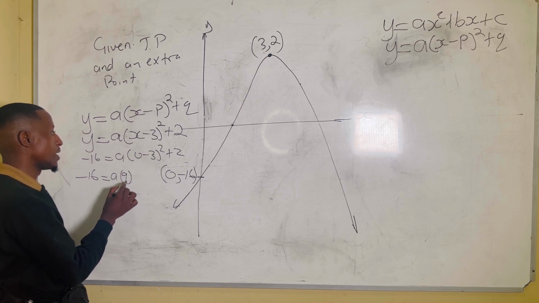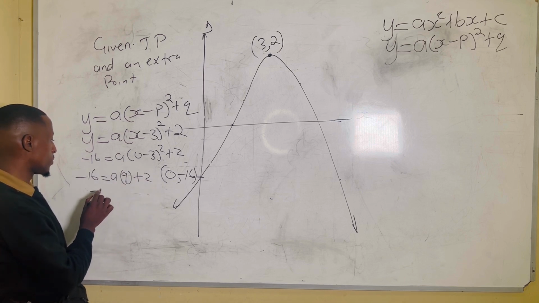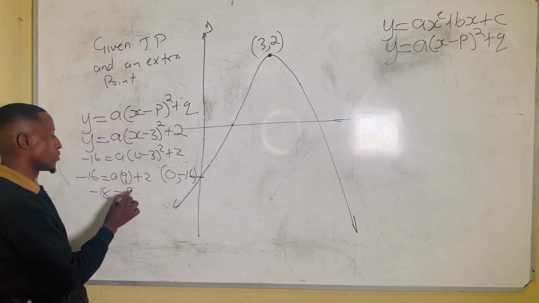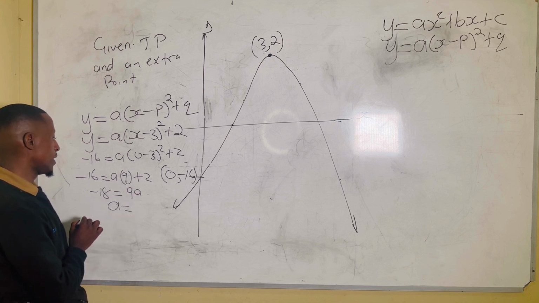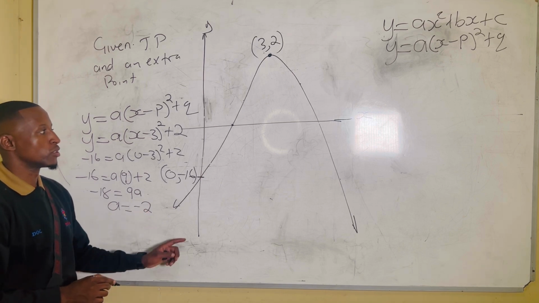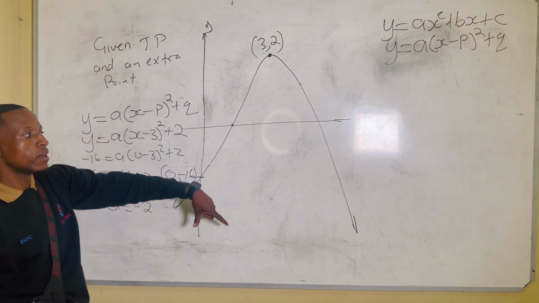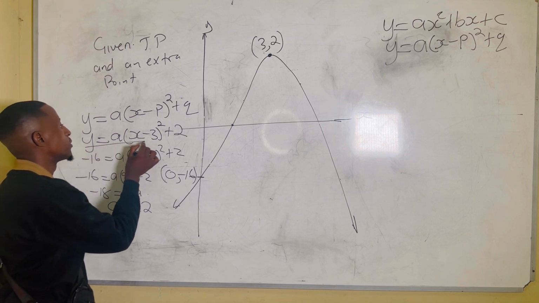So you're having a 9 plus a 2. If you transpose this one, it's going to be a negative 18 is equals to a 9a, because this one will multiply each other. Your a will end up becoming a negative 2. And it does make sense because your graph is concave down, is facing down. Take your a and come and substitute it back here.